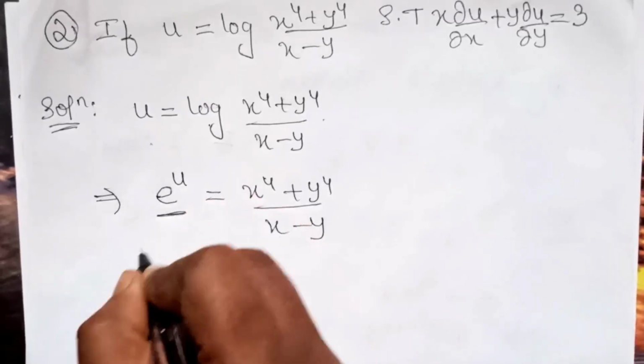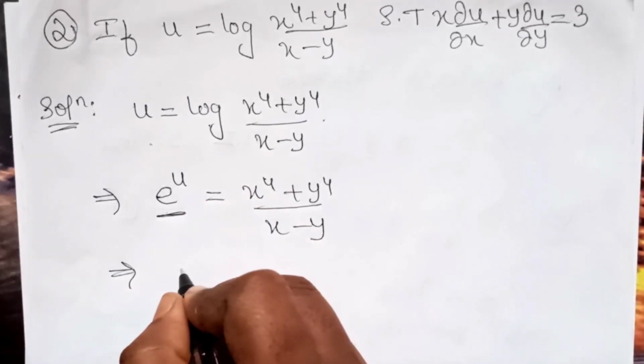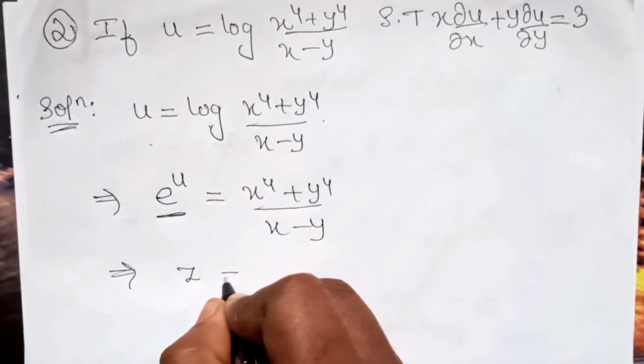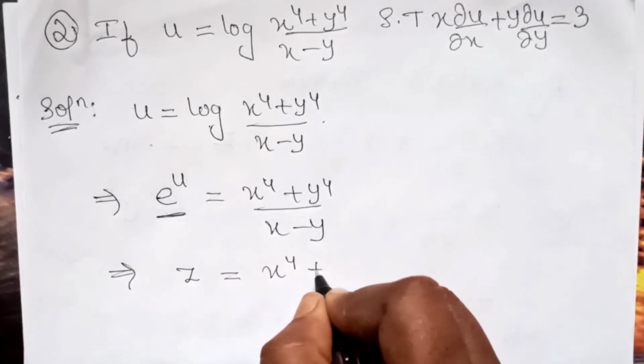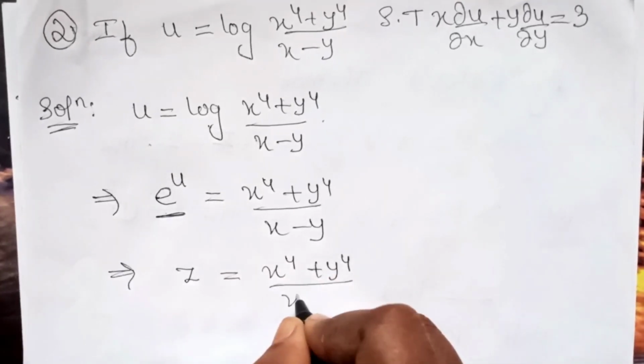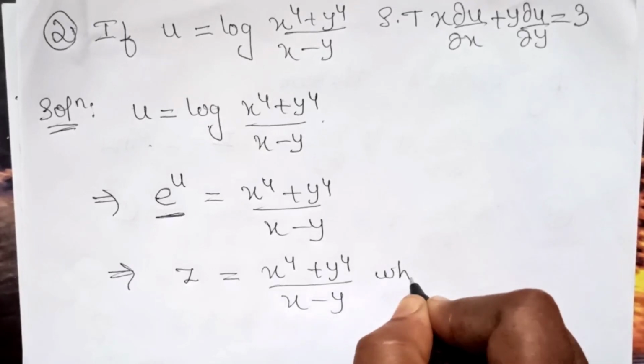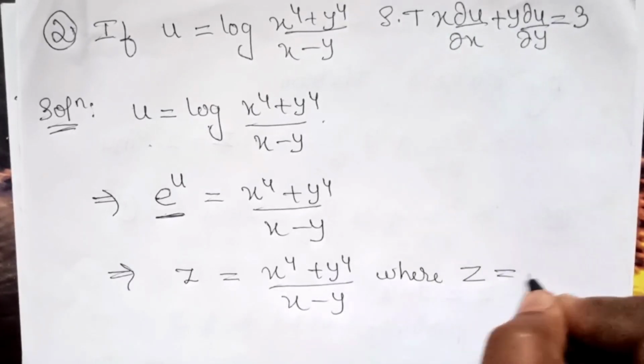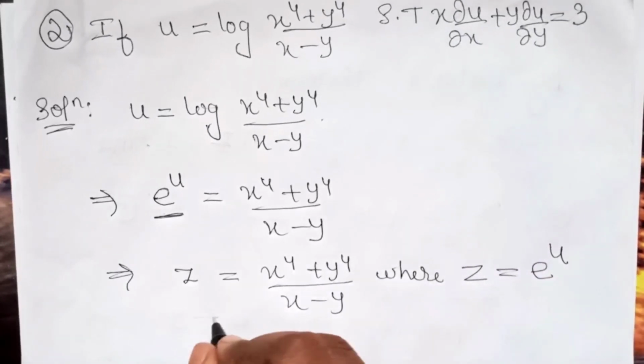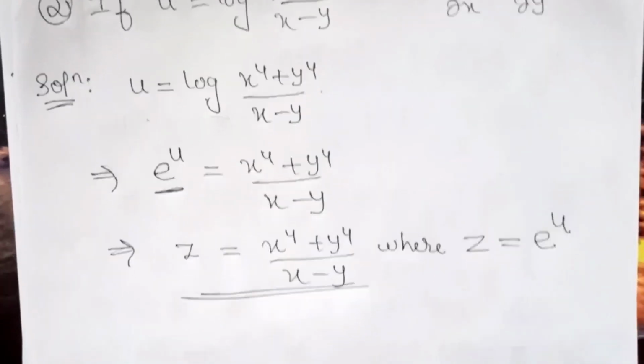Next, e raised to u is represented by another variable z equals (x power 4 plus y power 4) divided by (x minus y), where z equals e raised to u. Now this function becomes a homogeneous function.